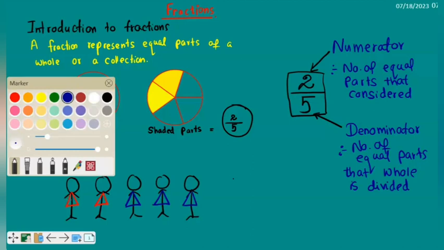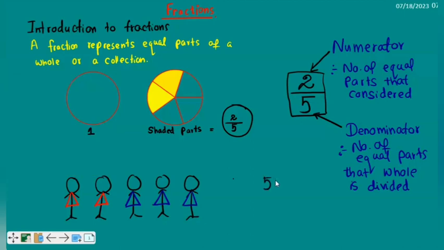Then how do we express this as a fraction? We can write 5 students are there, and 2 of them, to express the amount out of the whole thing. The number of students who wear red color frocks, we can express as a fraction out of the whole collection.